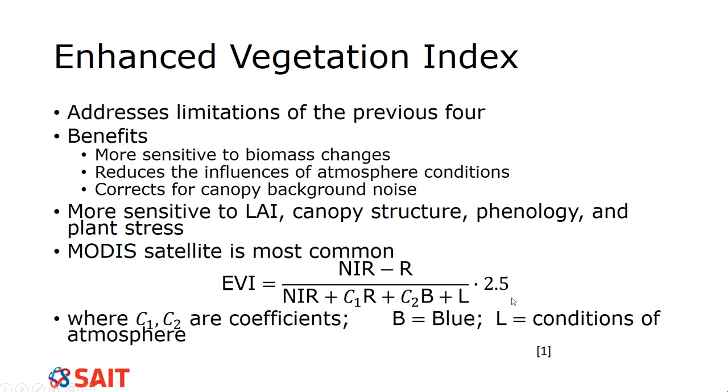This is just specific to the MODIS satellite. So you end up with a value, and every single pixel is going to have an EVI value. It has to go through this entire formula for every single pixel in your image. This is why we reduce our images down to 2000 by 2000, because you can imagine how long this could take. It's pretty fast, but it still can take a little while depending on the speed of your computer.